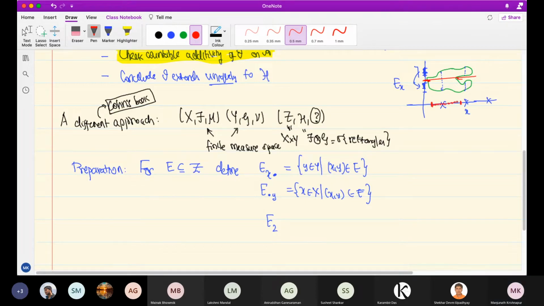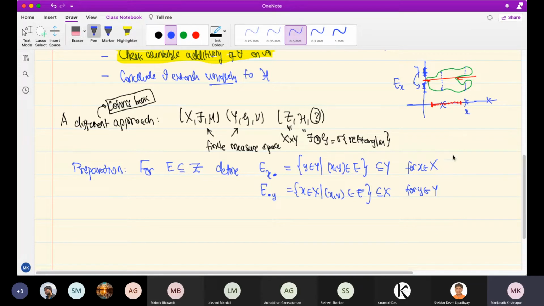So E_x dot is always a subset of Y, for x in capital X, and E dot y is a subset of X, for y in capital Y. The dot tells you which coordinate is being fixed; the dot is the free coordinate.